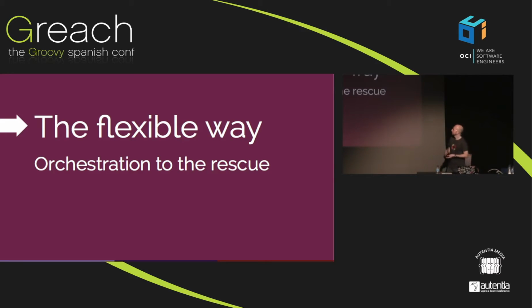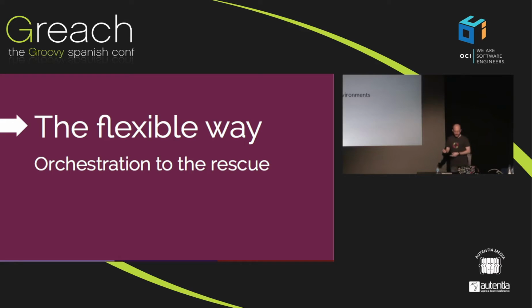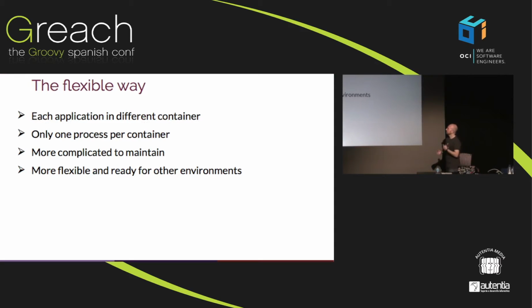And the other option is this flexible way, in which we are going to see how we can orchestrate all these containers. We are going to see how we can do more flexible things. So here we have each component in a different container. So now we have one container, one application. It's more complicated to maintain.